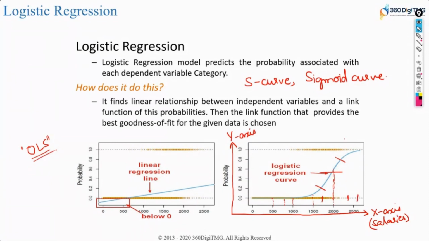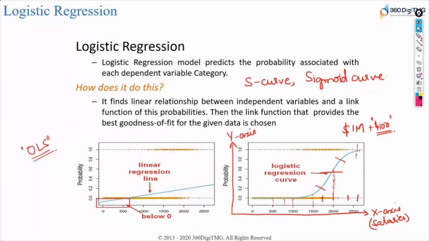And after a certain point, say your salary is already $1 million, and if I increase your salary by another $100, do you think just because your salary is increased by $100, you'll think about purchasing a flat? No. This small increase does not change your decision, doesn't increase the probability when your salary is so high.